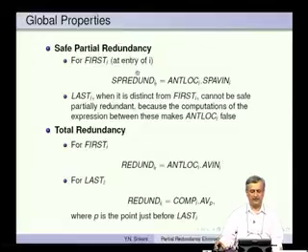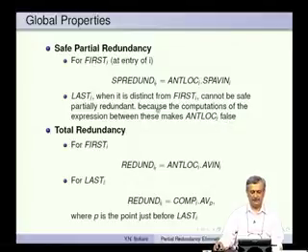So, this is safe partial redundancy, and last I, when it is distinct from first I, cannot be safe partially redundant, because the computations of the expression between these makes ANTLOC I false.